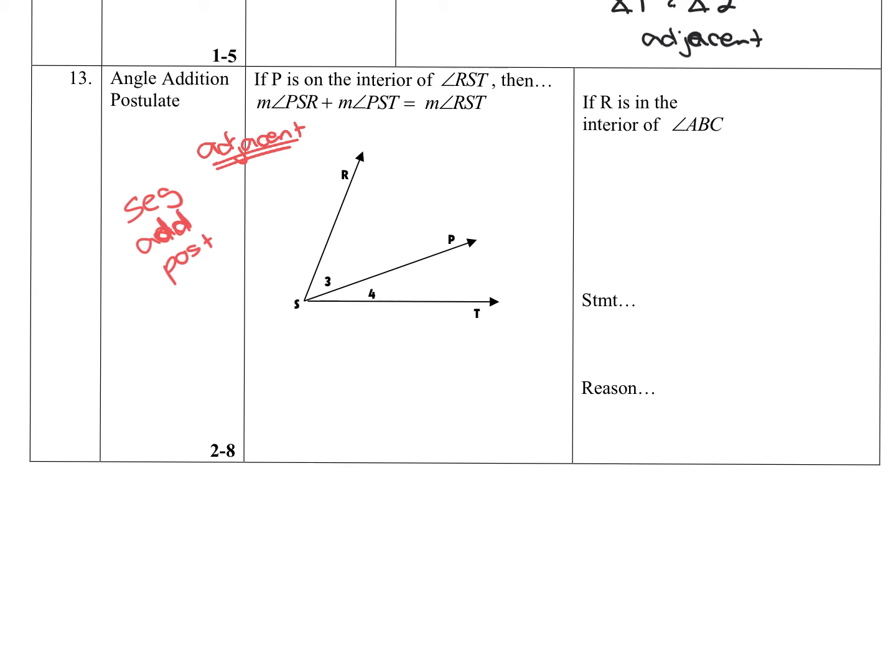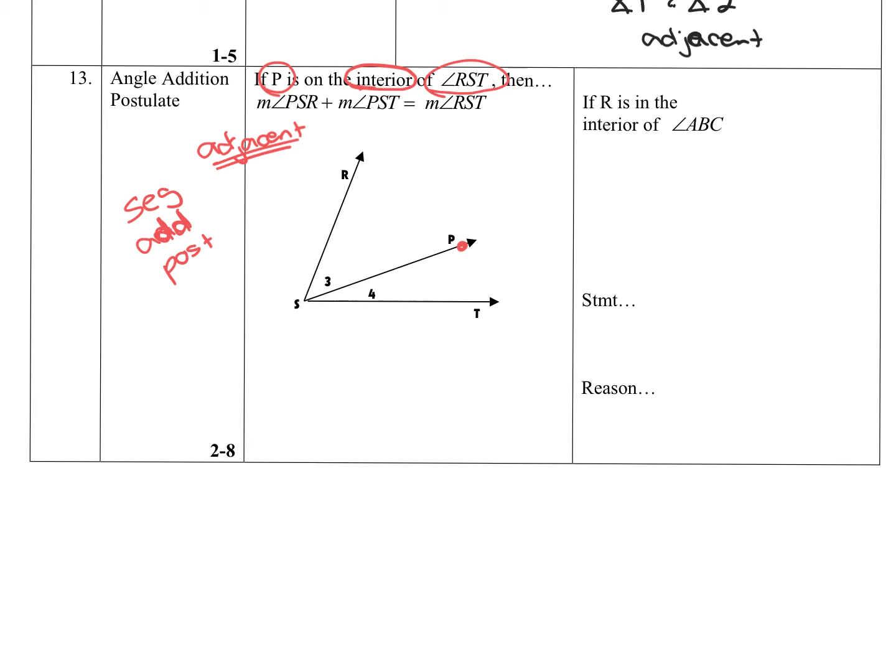The key word that we're going to look for if this was written as a word problem is the word interior. So I've got two adjacent angles here, and we can see that this point P is on the interior of angle RST, so this point's on the interior. And since this point is here, I could draw in this ray, creating the common endpoint and a common side, dividing this angle into two angles.